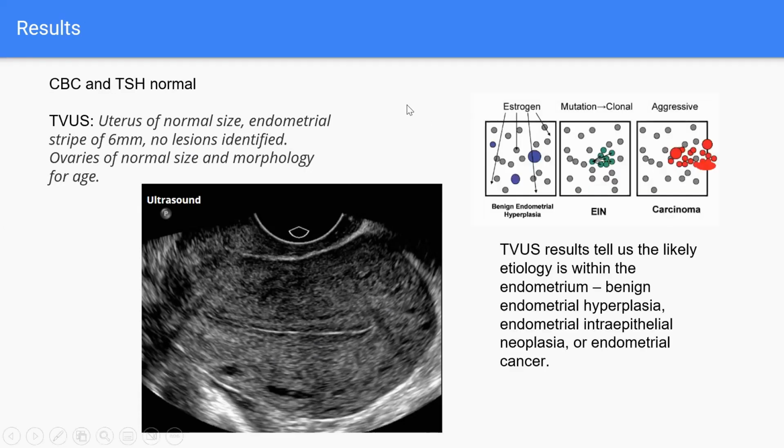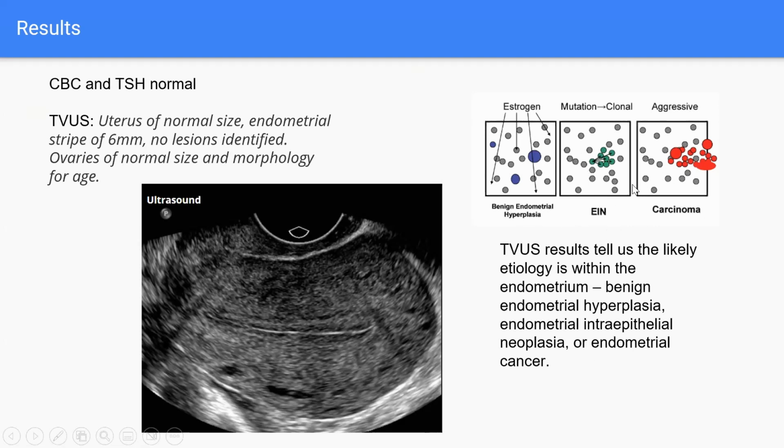Okay. I've kind of beaten this point home, but when we have unopposed estrogen, that can lead to hyperplasia. That's often benign, so the cells are still normal, but they become hyperplastic, so there are many of them. Then over time, if that continues, they can develop mutations and develop into cancer, right? That's called endometrial intraepithelial neoplasia.